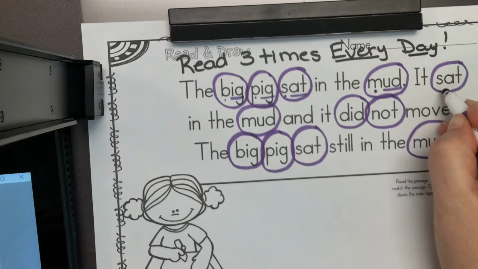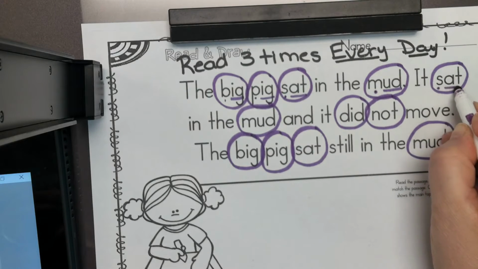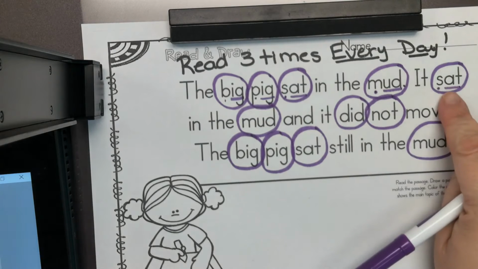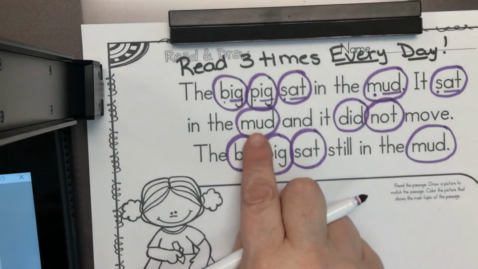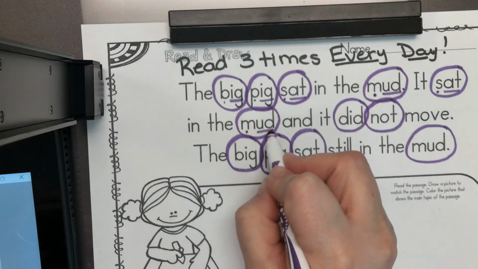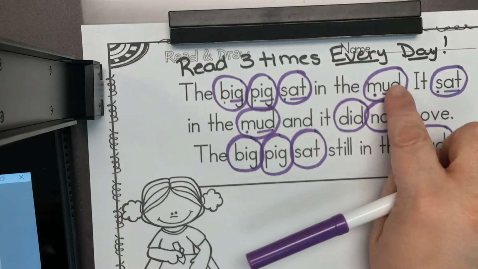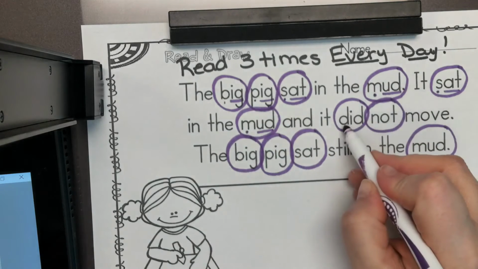Okay. I think I've seen this one before. S-at. This word is sat. Oh, this looks familiar too. M-ud, mud. There it was. We have that word 2 times.